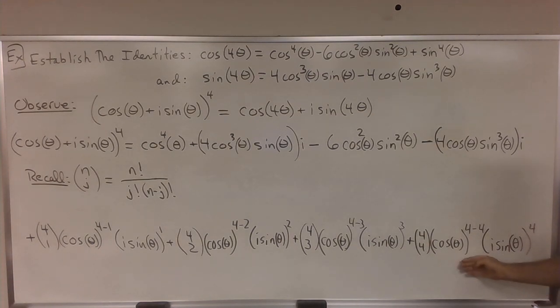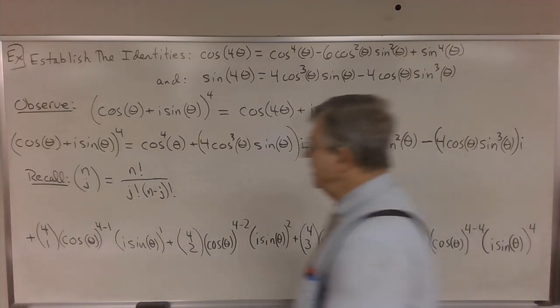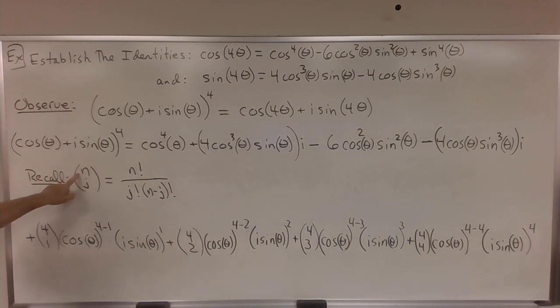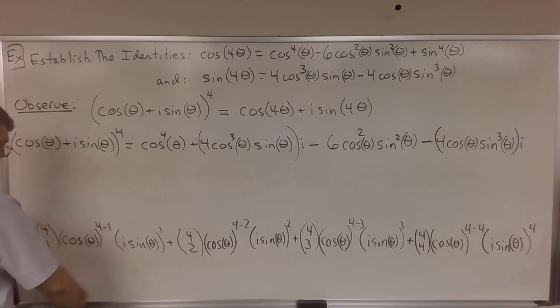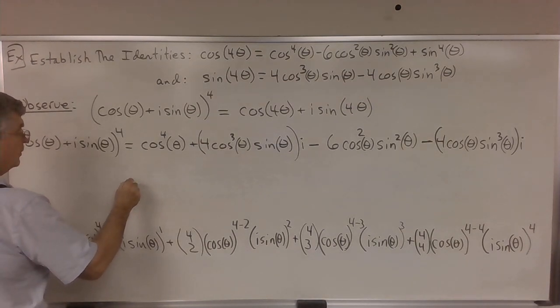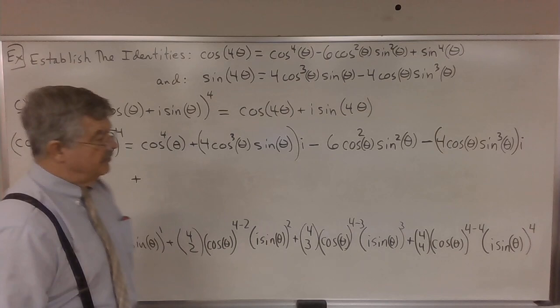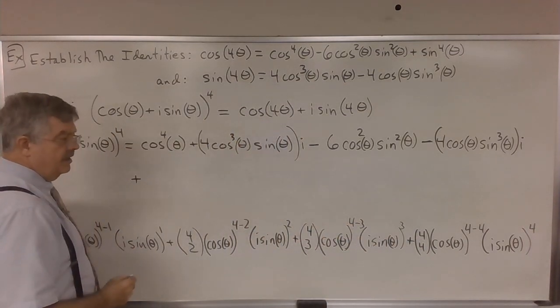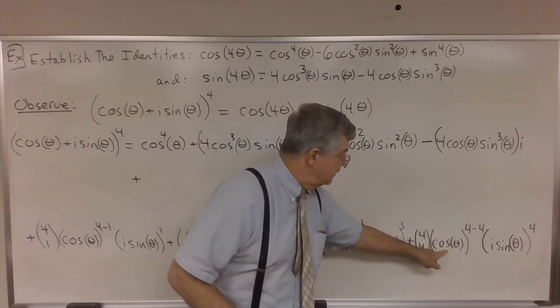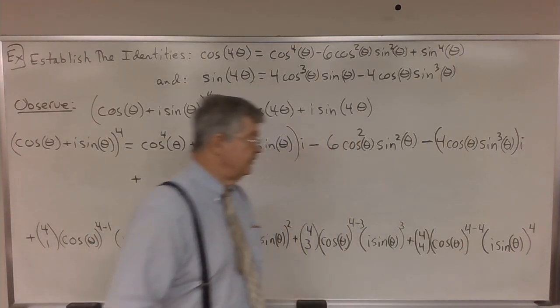And that leaves this last term. If I take 4 and plug it into this formula for both n and j, it turns out I'll get 1. So I have 4 choose 4 is 1. Cosine of theta to the 0 is 1.